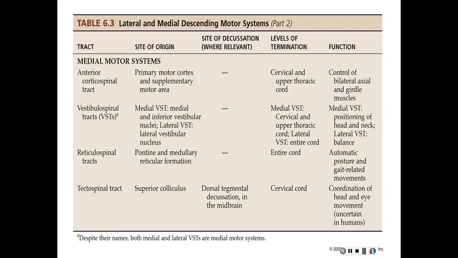Rather, when they're at the level of the spinal cord, they bifurcate. What are they doing? Well, if you think about the axial muscles, it's really cervical and thoracic. And then we have control of what? The bilateral axial and girdle muscles. So upper arm, right? The shoulder, your hip joint, bilaterally. It's influencing both: the left influences both left and right populations of neurons.